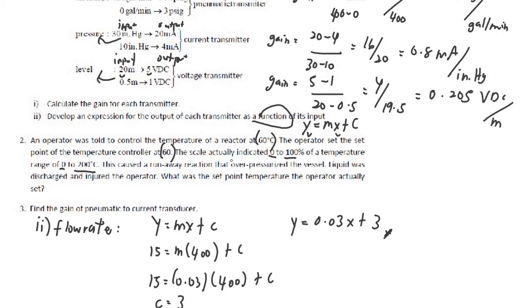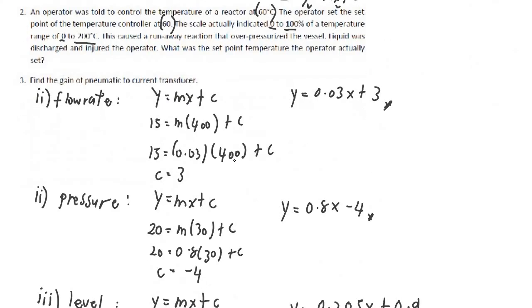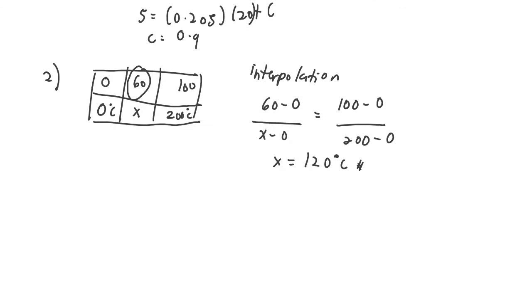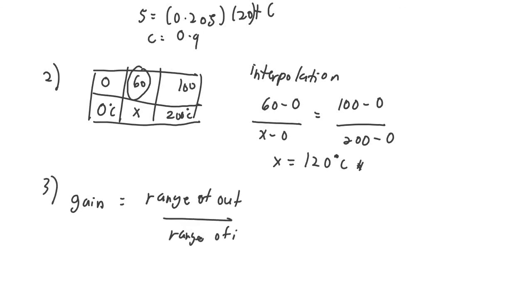Now we want to solve question number 3, which is to find the gain of the pneumatic to current transducer. Basically, the formula of the gain is again range of output over range of input.